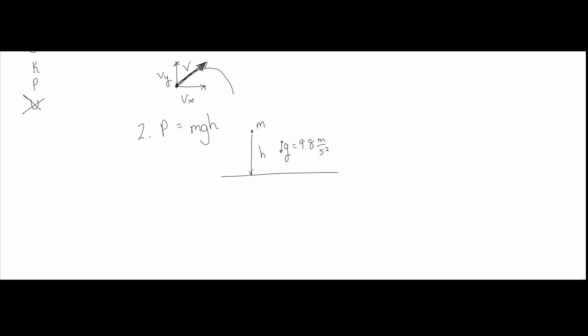So m is the mass of the object, g equals gravitational acceleration, and h equals the distance through which it can move.